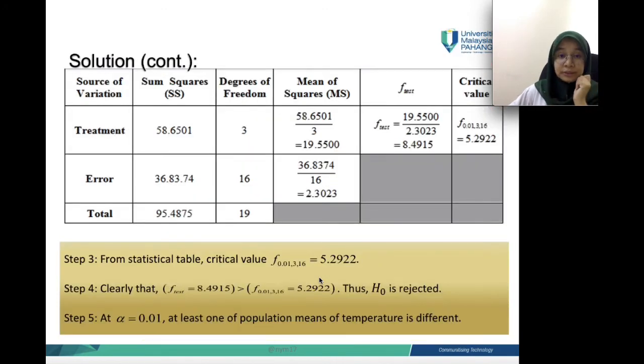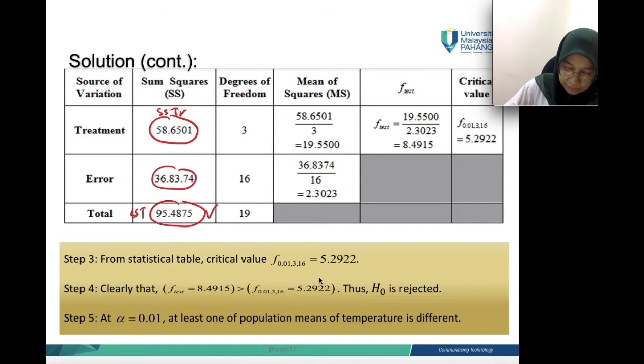You can put them into this ANOVA table. This one is the SSTR that we calculated just now. This one is the SST that we calculated just now. How do we get 36? SST minus SSTR, you will get SSE. This one, 19: how do we get 19?